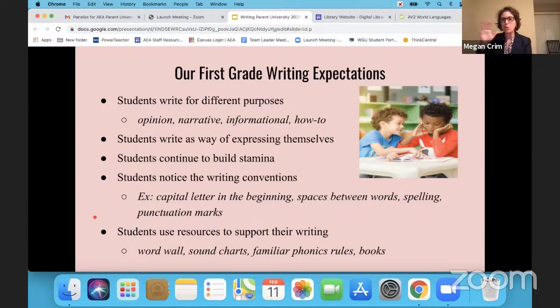But things like a word wall in your house, or a sound chart, an ABC sound chart, or books. Oftentimes at the end of the year when we do informational writing, we're writing about animals. I just have a classroom full of picture books and informational books about animals so that they can go get the book on the cheetah and they have the word cheetah right there for them as a resource.